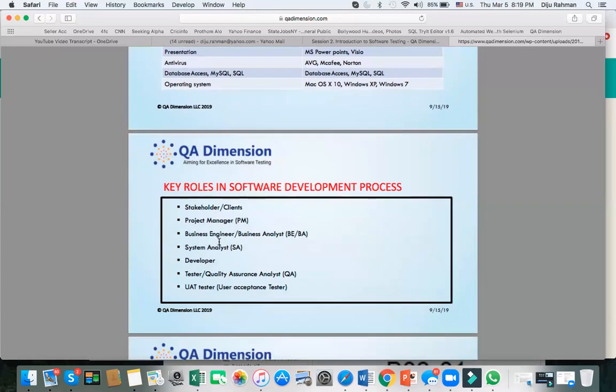Okay, so let's talk about key roles in the development process. I have a question. Whenever we go to an interview, will they ask us about different types of software? They're not going to ask you about different types of software. They probably ask you which operating system you are familiar with.